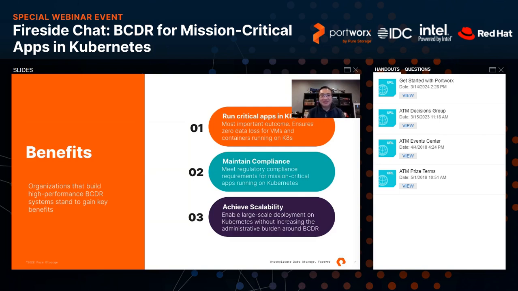That's where the scalability comes in: you need to be able to deploy all these without having any sort of administrative burden slowing it down, without basically the BCDR system slowing down app improvement and app development.